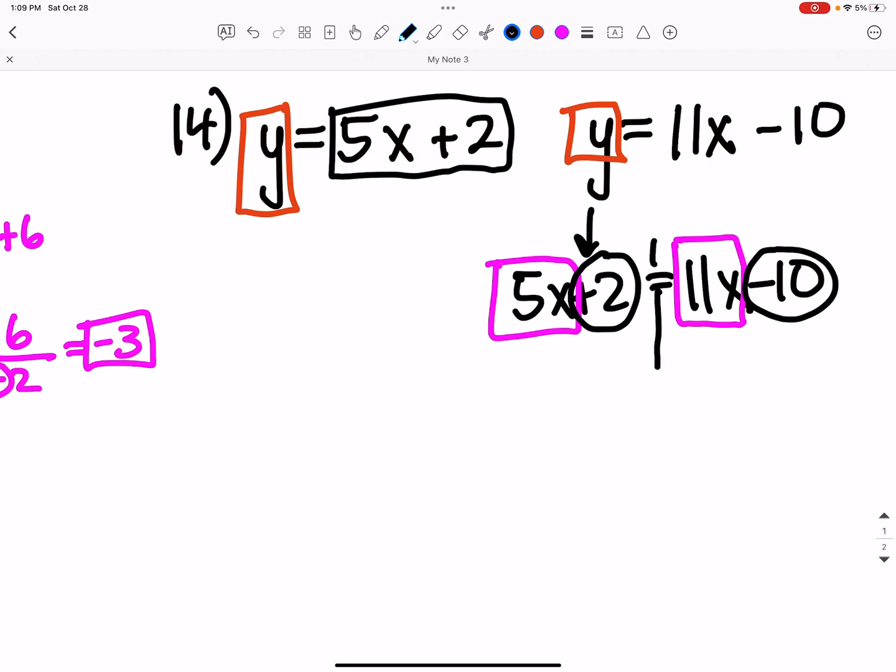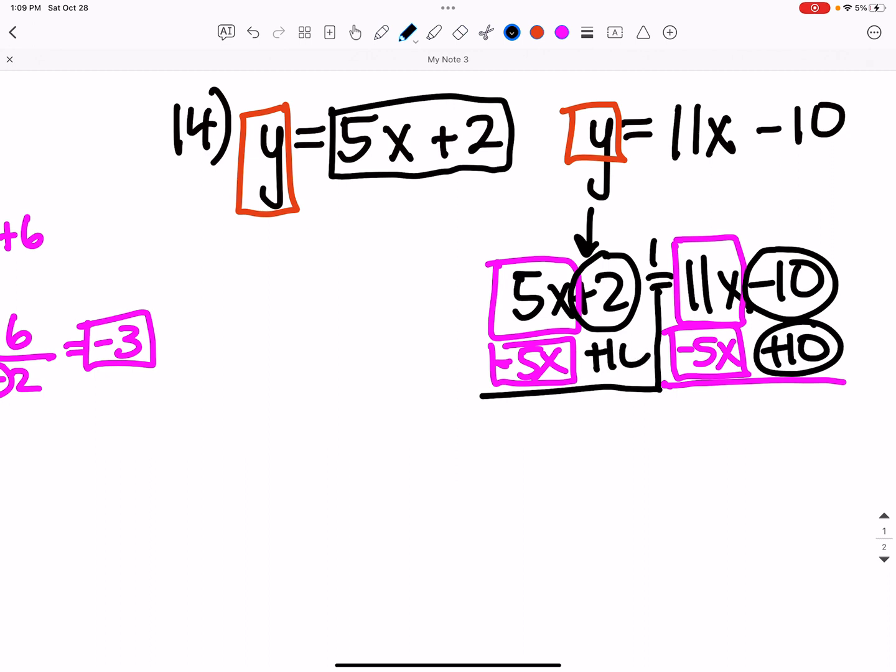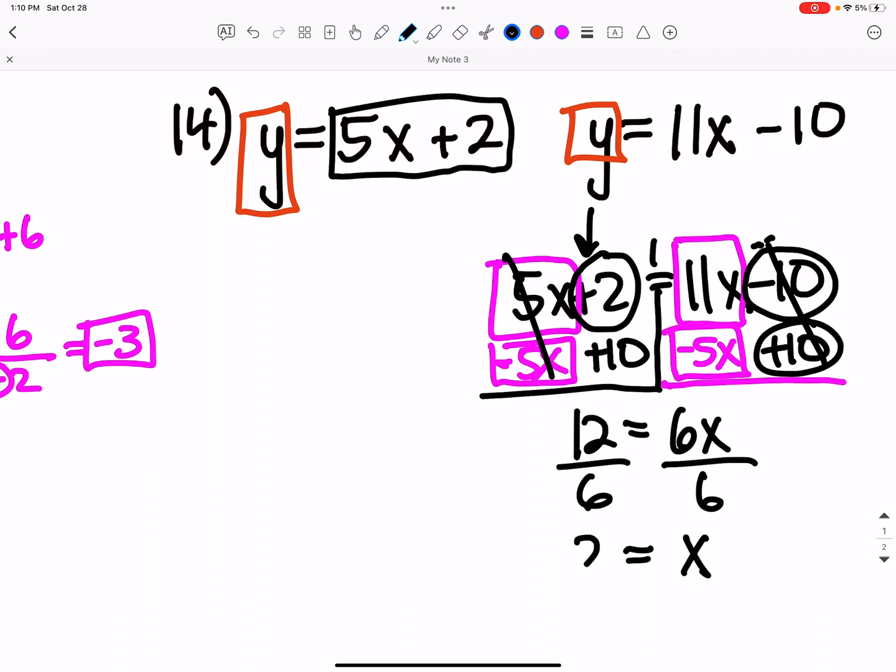I'm going to make this side my x side. I'm going to make this side my number side. So I can take away the x from this side, minus 5x, and move it over here. But that means I got to move the 10 out of this side and move it over there. So this is dead, that's dead, and we've got 12 equals 6x, divide both sides by 6, x equals 2.